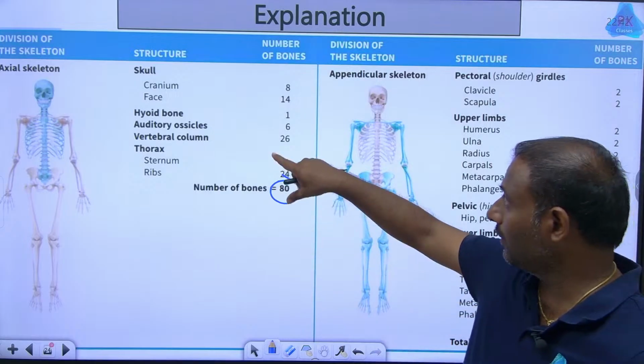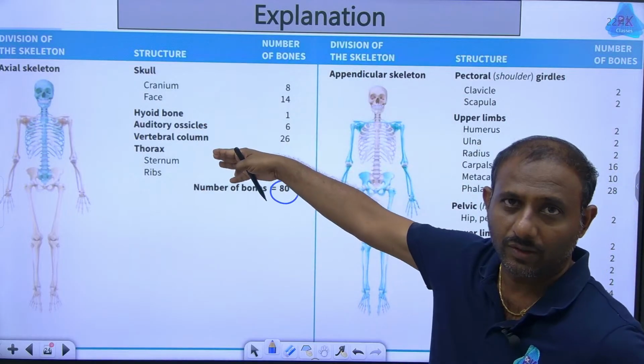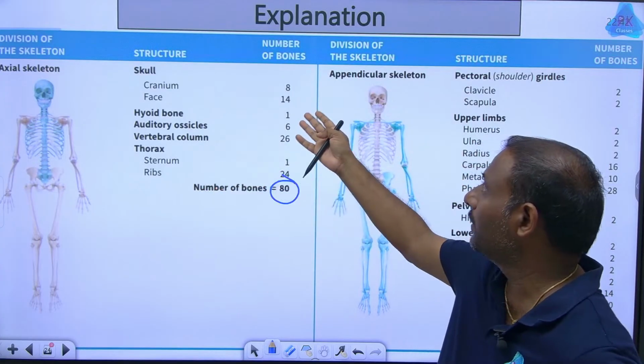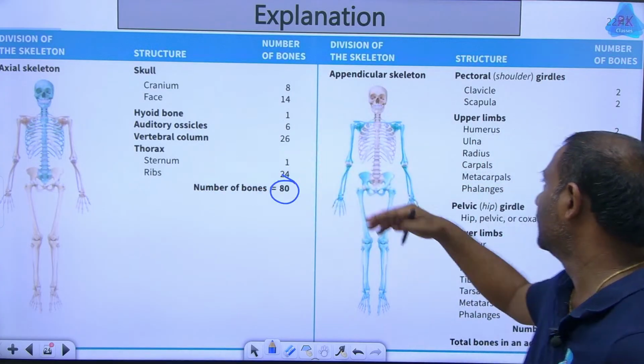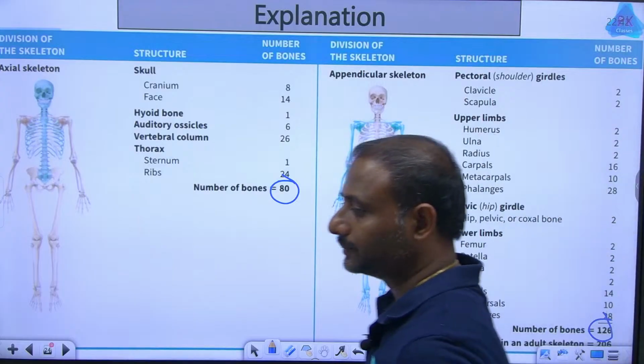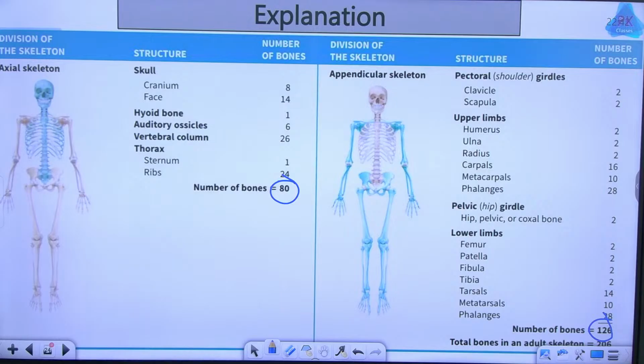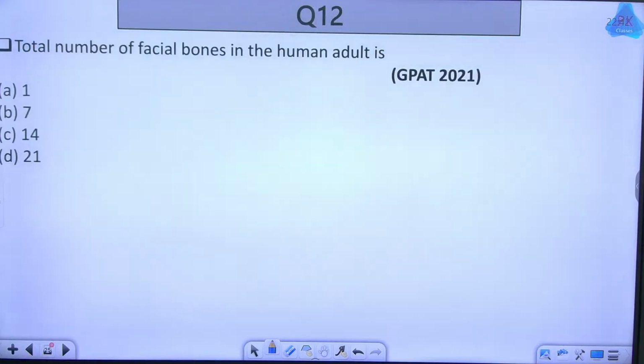So you need to remember at least the names of the bones, names of the bones and their corresponding numbers. कितने bones होंगे. ठीक है. The total number of facial bones in the human adult is... facial bones कितने होते हैं.